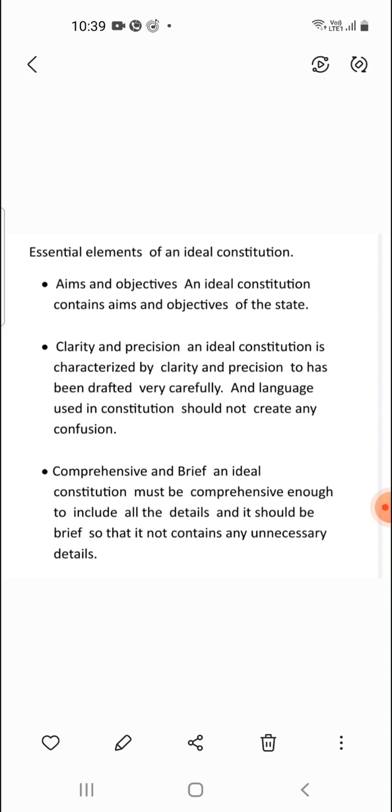One is the legislature, which enacts the law, the executive executes the law, and the judiciary gives justice to all. The judiciary should always be independent from the legislature and executive, otherwise impartiality cannot be ensured. So this is all about the essential elements of the constitution.